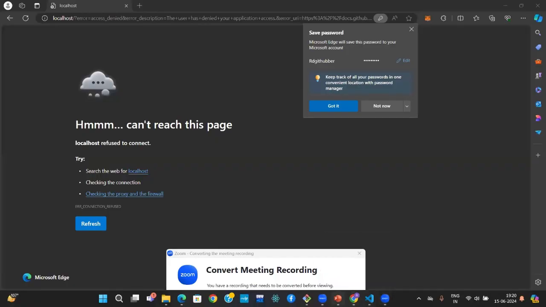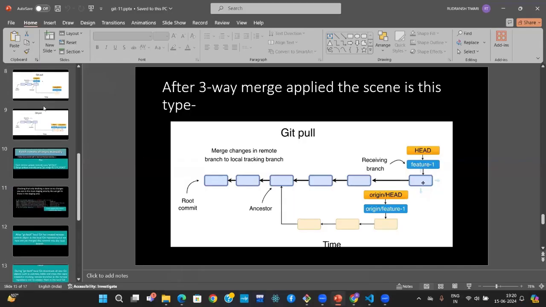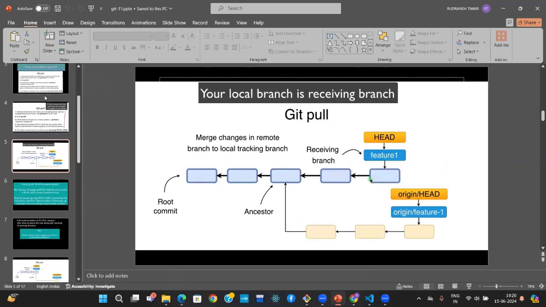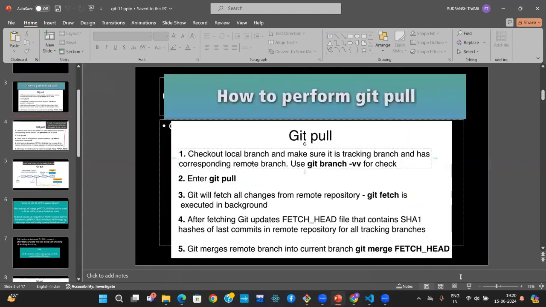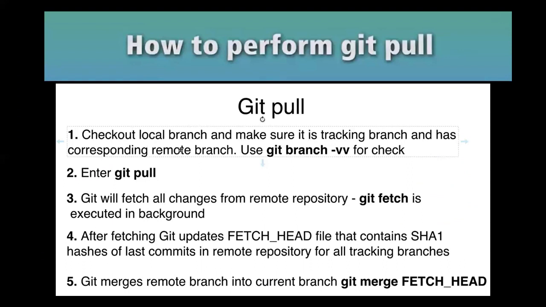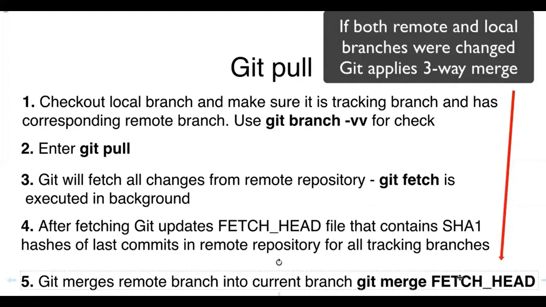So we are on the next portion. Let me explain the presentation. I did all the commands, and after that I did it in my previous Zoom meeting. So here you can execute: firstly you have to check the tracking branches, then apply git fetch, and after that git pull.